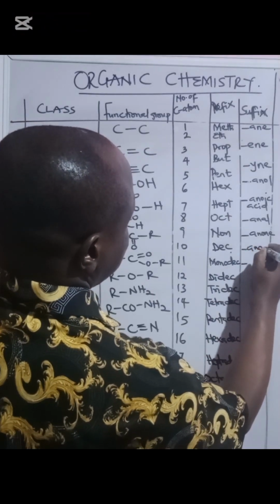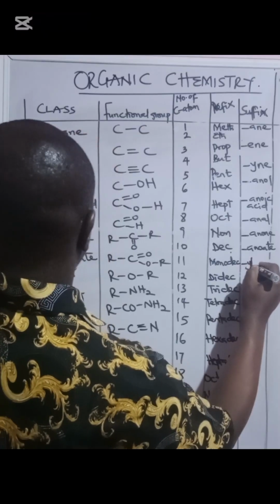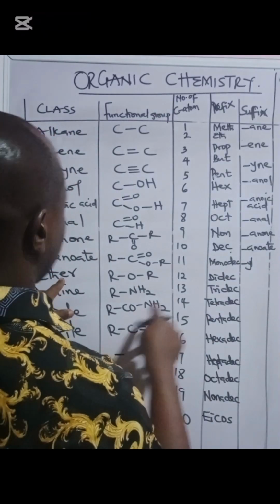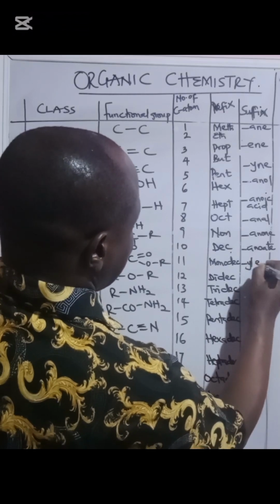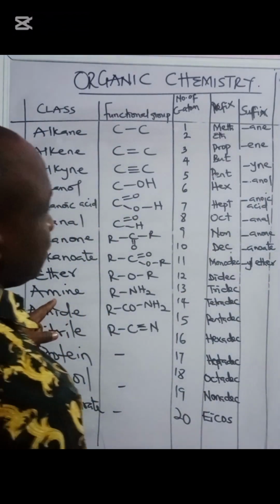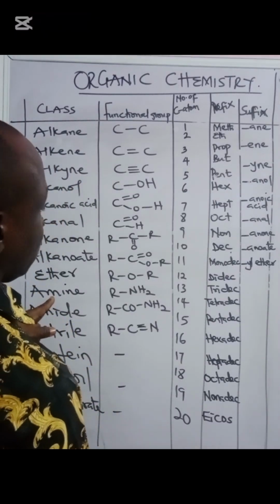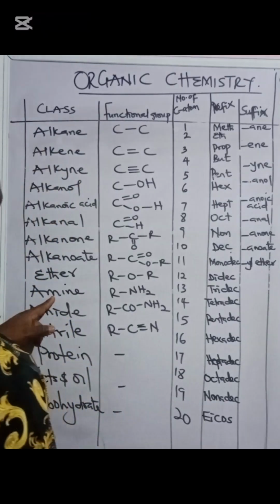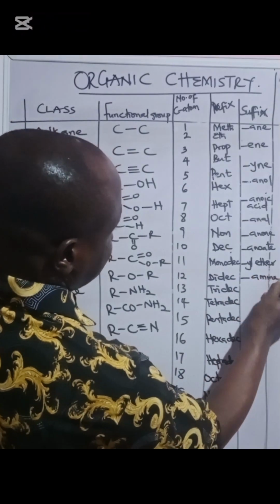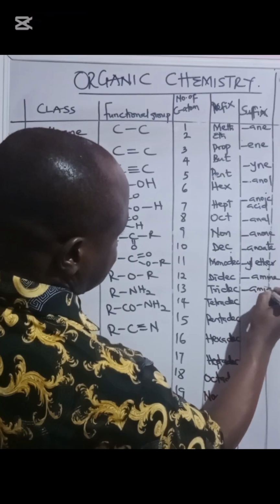This one will end with YL with ether. So we can have methyl ether, dimethyl ether, or methoxymethane. This one will end with amine. This one will end with amide.